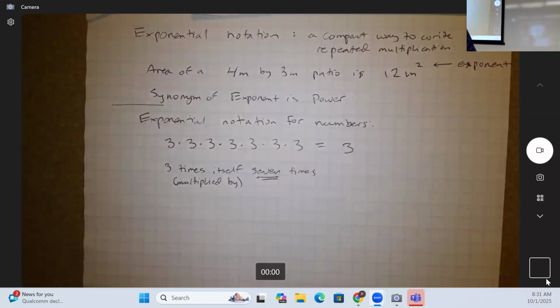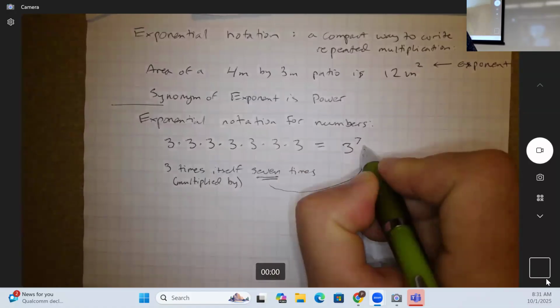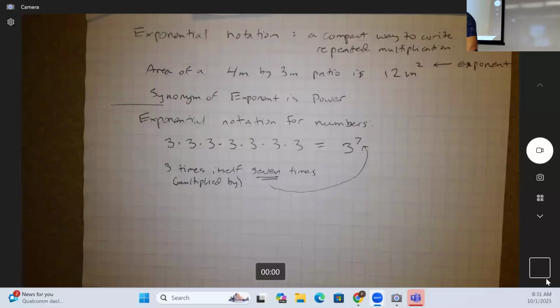So I'm going to write the number 3 because that's what I'm multiplying by itself. And then up here in the exponent, I'm going to write the 7. Much easier way to write that repeated multiplication.